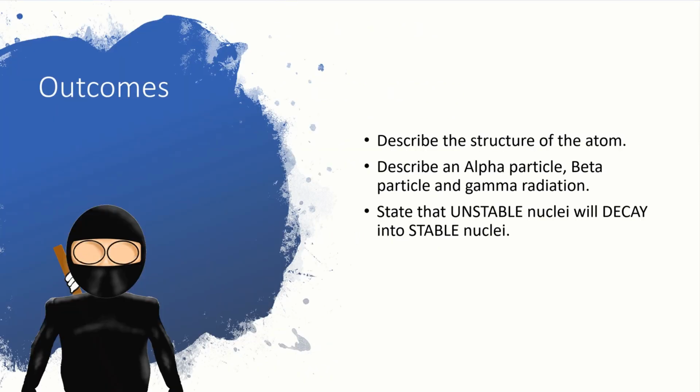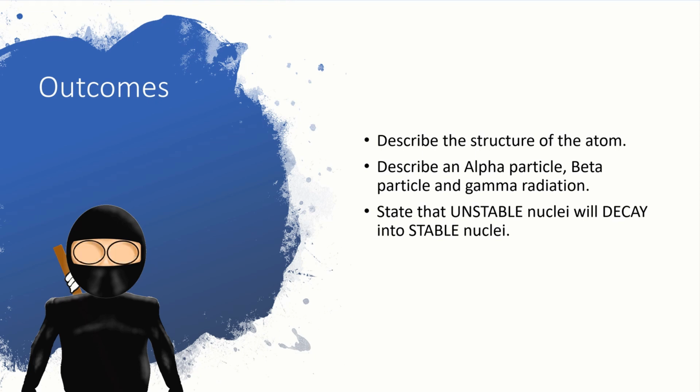So quickly to go over the outcomes, describe the structure of an atom. We find protons and neutrons in the nucleus of the atom, and we find the electrons orbiting round about the outside. Describe the 3 types of radiation. An alpha particle is made of 2 protons and 2 neutrons. Another way of saying this is it's a helium nucleus.